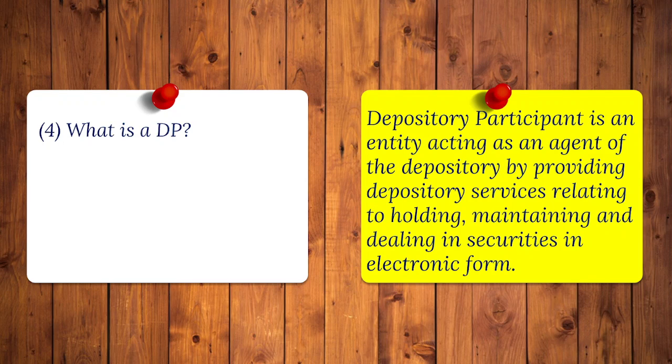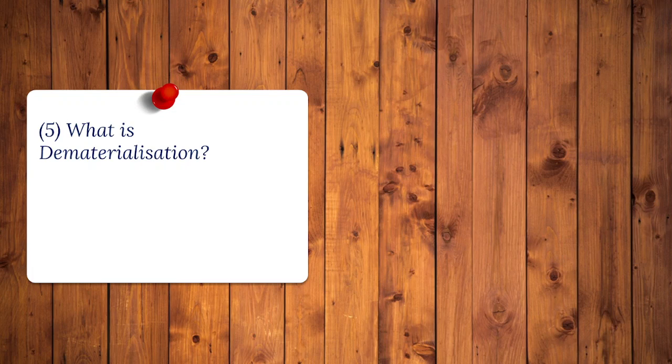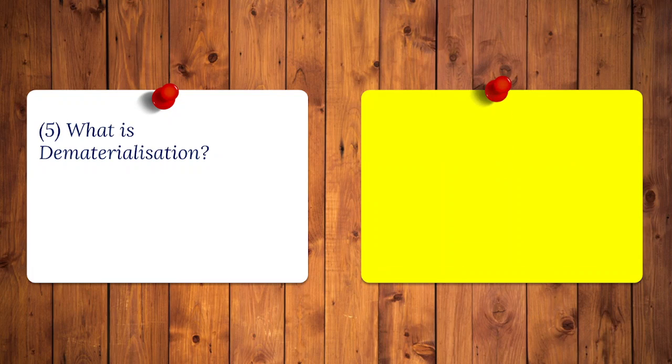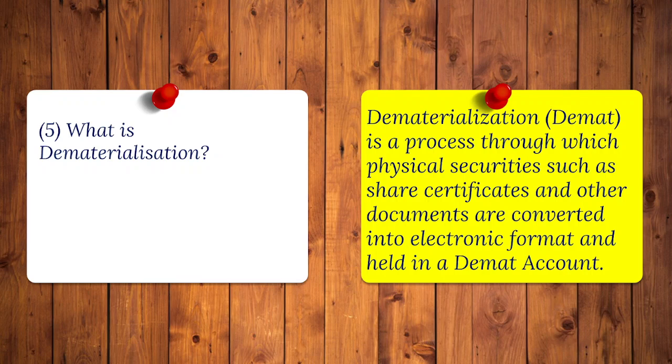Depository participant is an entity acting as an agent of the depository by providing depository services relating to holding, maintaining, and dealing in securities in electronic form. 5. What is dematerialization? Answer. Dematerialization, that is demat, is a process through which physical securities, such as share certificates and other documents, are converted into electronic format and held in a demat account.